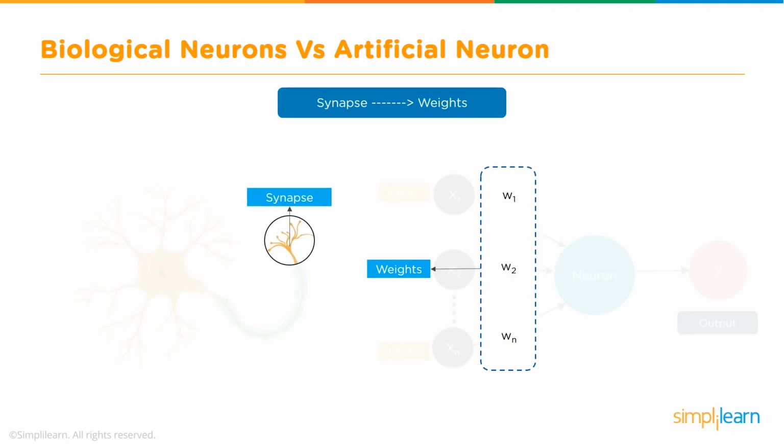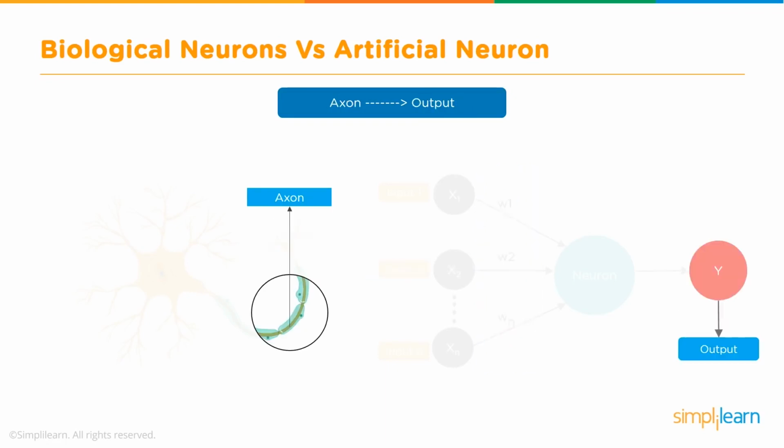In a biological neuron, the output is sent through a synapse, and in an artificial neuron there is an equivalent in the form of an output. Biological neurons are also interconnected. There are billions of neurons which are interconnected. In the same way, artificial neurons are also interconnected. So the output of this neuron will be fed as an input to another neuron, and so on.